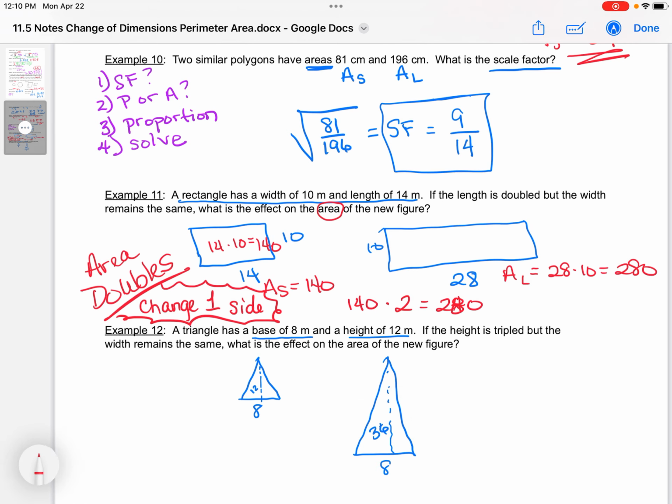I'm thinking it doubled. No, just kidding. All right, so the area of the small one is going to be 8 times 12 divided by 2, which is 4 times 12, which is 48. And the area of the large one is going to be 8 times 36 over 2, which is 4 times 36, which is 144.